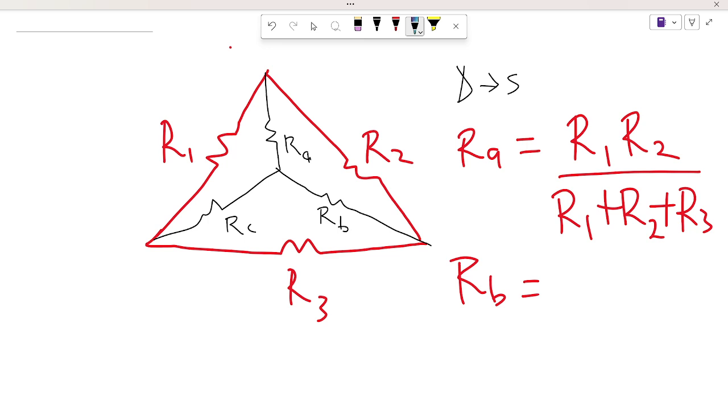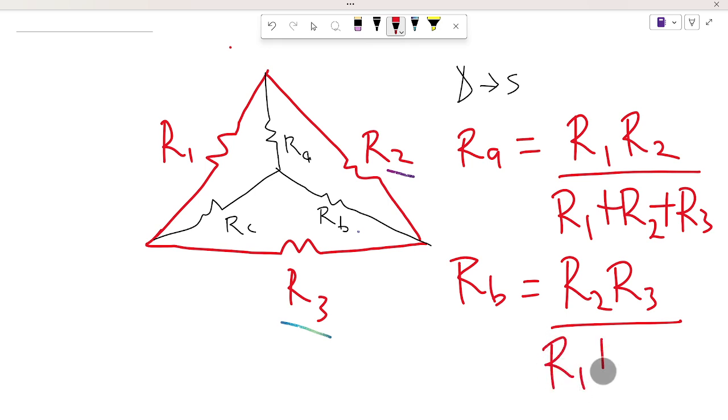For RB, the ones adjacent to it are R2 and R3. Those are going to be your numerators, multiplying. So that's R2 times R3 all over the sum of all the delta resistances, R1 plus R2 plus R3.